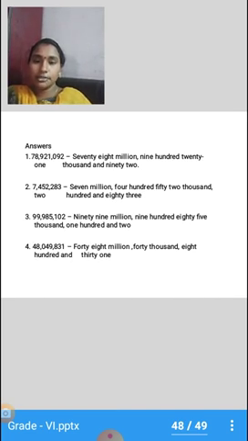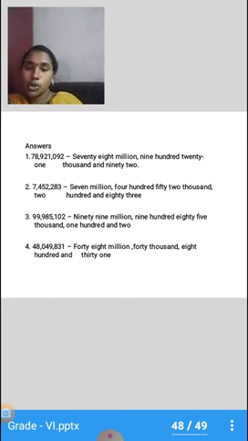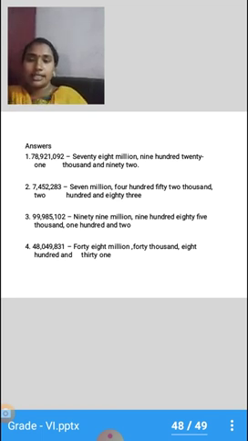So 7, 8, 9, 2, 1, 0, 9 and 2. So 2 will be in ones place, 9 in tens place, 0 in hundreds place, 1 in thousands place, 2 in 10,000s place, 9 in 100,000s place, 8 in millions place, and 7 in 10 millions place.